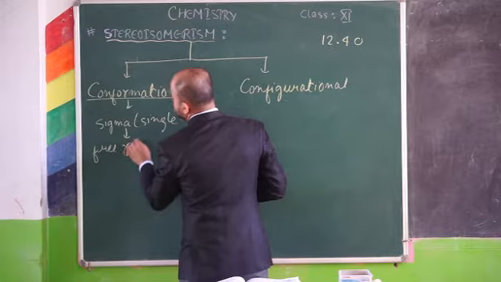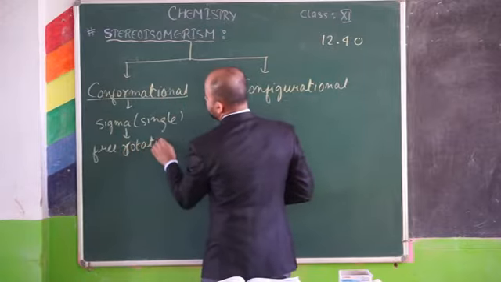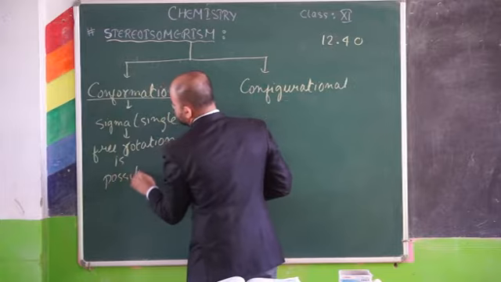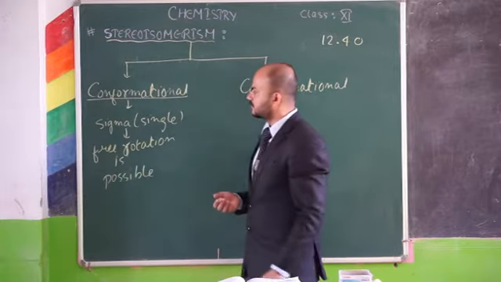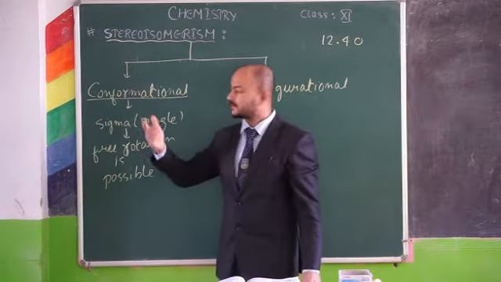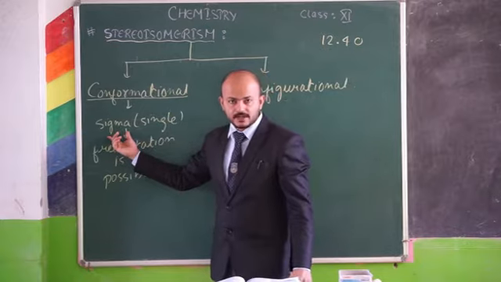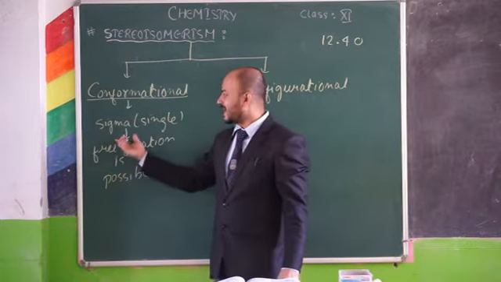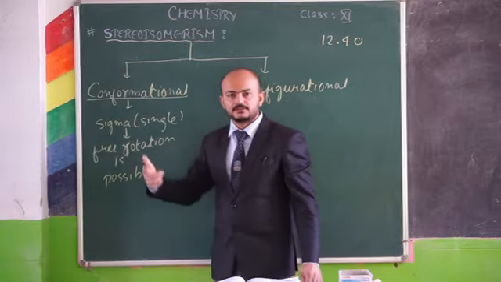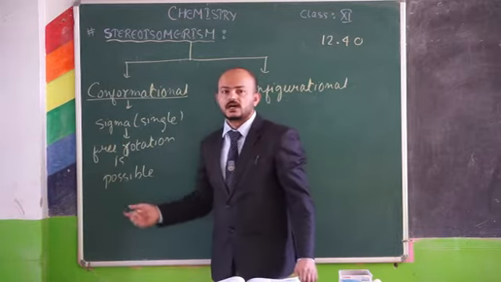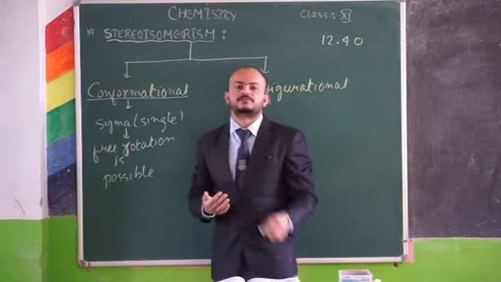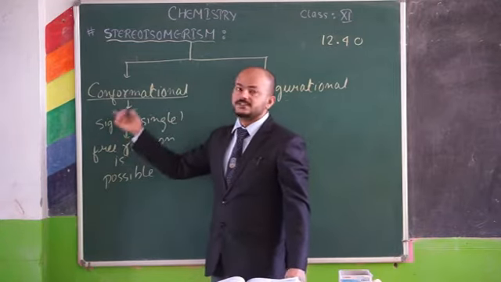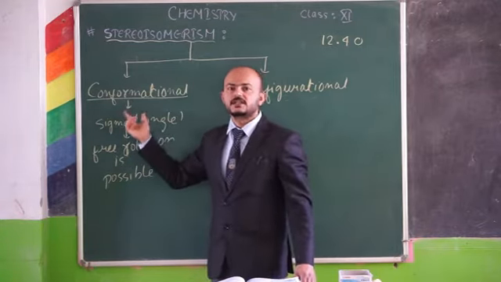So you have to remember this much for conformational isomerism. Because of this free rotation of the groups around the carbon atom, you get different stereoisomers, in particular conformational isomers.